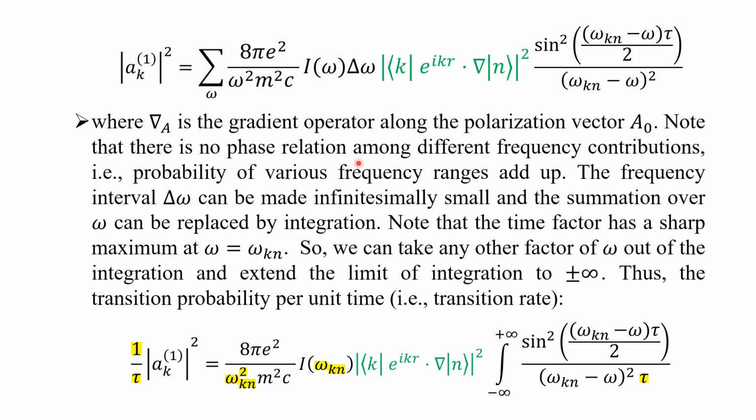Here, the only term that depends on time is this sinusoidal and this omega. So you divide, that is probability density per unit time, that is 1 over tau. Modulus a_k1 whole squared is equal to this one, because tau I have introduced here. I am changing the summation into an integration, which goes from minus infinity to plus infinity.